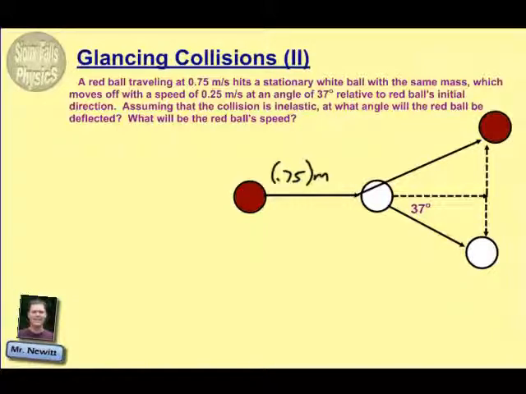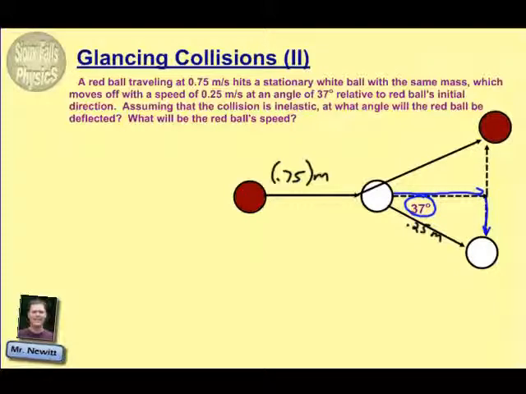Now, we know that the white ball goes off at an angle of 37 degrees and has a velocity of 0.25. So its momentum as it goes off is 0.25 times m at 37 degrees. Now we can do some trigonometry here and determine for the white ball both the horizontal and vertical components of that momentum.